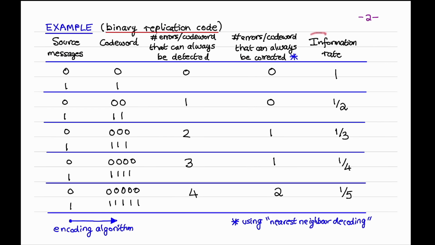The information rate, which is a ratio of the number of source message bits per code word bits, is 1 when no coding is used, a half for the duplication code, a third for the triplication code, and so on. So, for the binary replication code, the price we pay for increasing the error correcting capability is a reduction in the information rate.